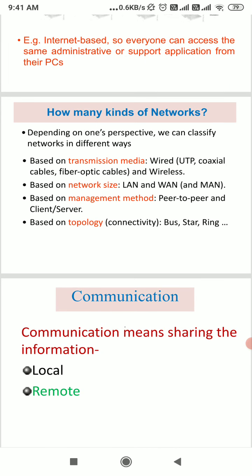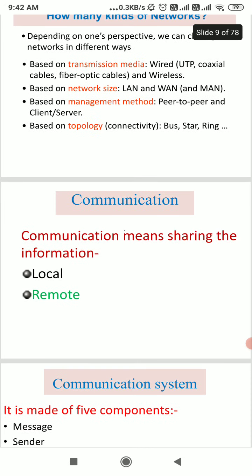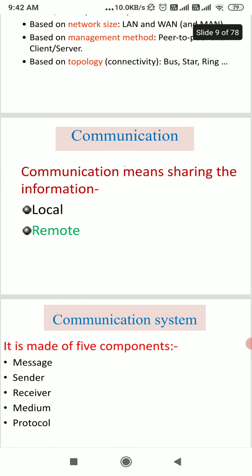So here, based on topology, what does it mean? When we are doing communication, we are using a network that can have a bus topology, star topology, or ring topology. It is a very interesting subject. So see here, when we are doing communication, we will send information, and that can be in any form.